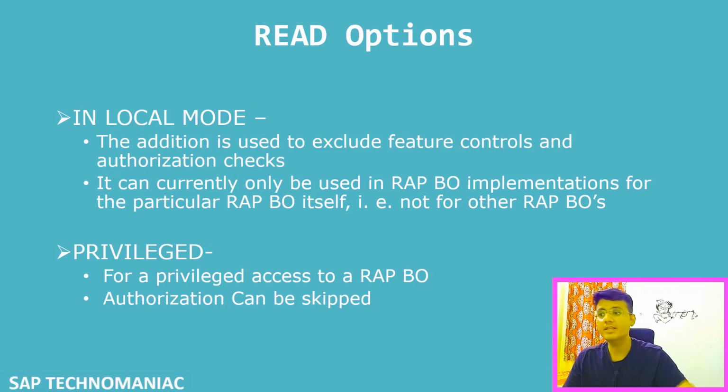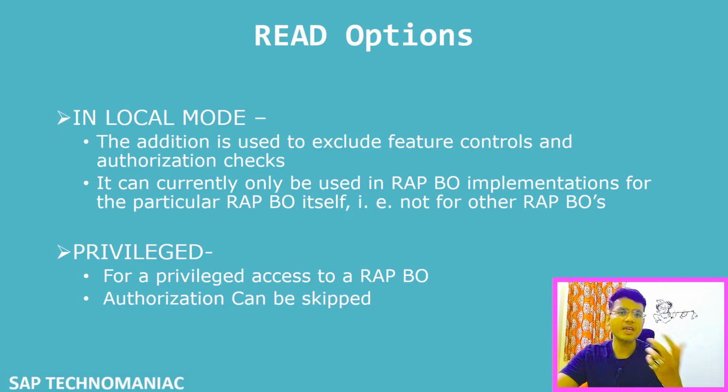Apart from these three read operations, we have some options in the read and modify statements as well, like in local mode and privileged. Whenever we use in local mode, it is used to exclude the feature control and authorization check. Most of the time we will use in local mode within the business object, when you are accessing the same business object within the same BO.